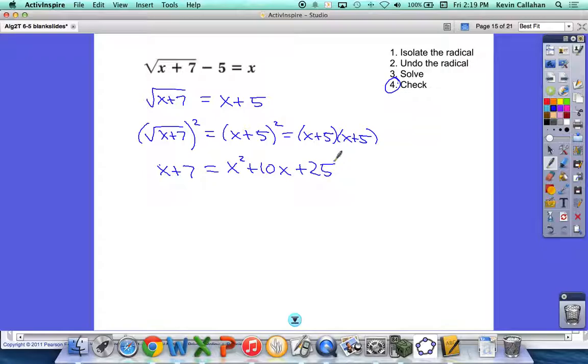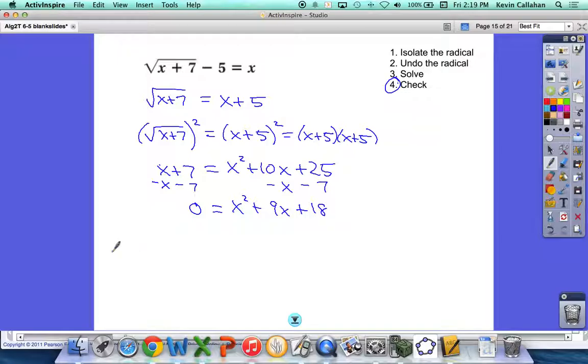What kind of equation is this? It's quadratic, so you've got to solve it like a quadratic. We need everything on one side, 0 on the other. So subtract x and subtract 7 from the left. That will give us a 0 on the left. But if I do it there, I've got to do it here. x squared plus 9x plus 18.